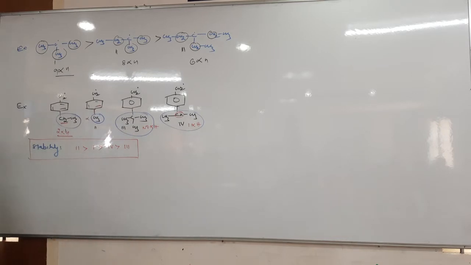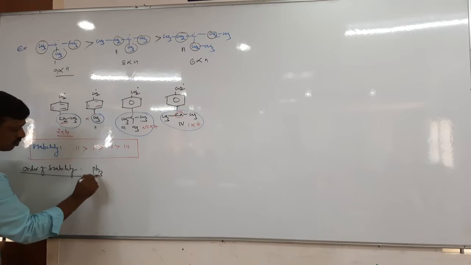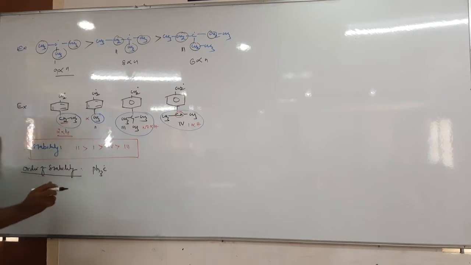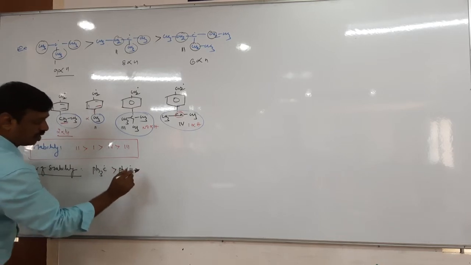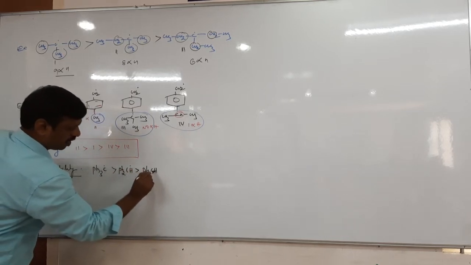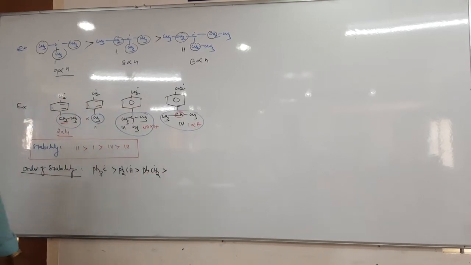Now let's see the overall order of stability. Tell me, which is most stable? Triphenyl methyl, then diphenyl methyl, phenyl methyl, benzyl. After benzyl, which free radical is most stable?